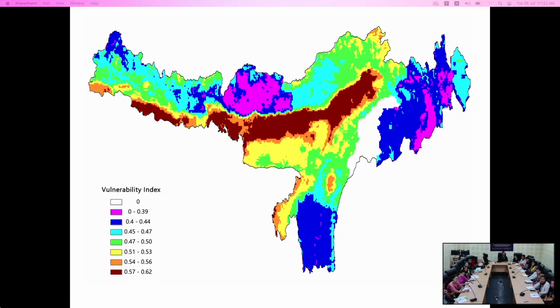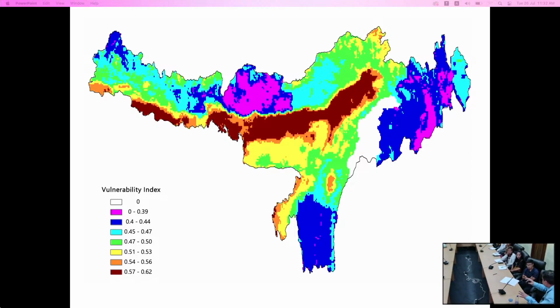So, this map represents vulnerability to climate change, or approximately you can also call it climate risk. If I want to read the map, what they have done is they have classified the entire northeast area according to some vulnerability indices.